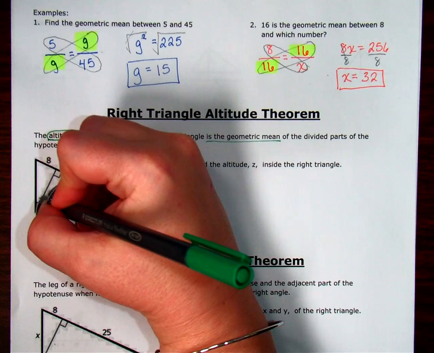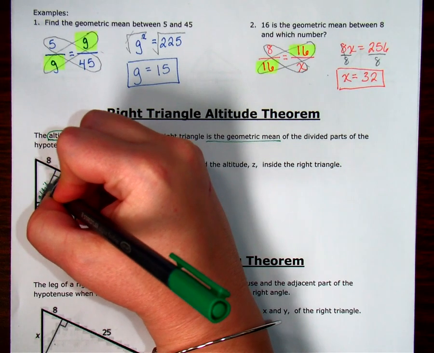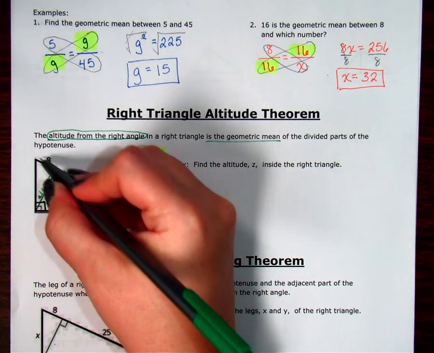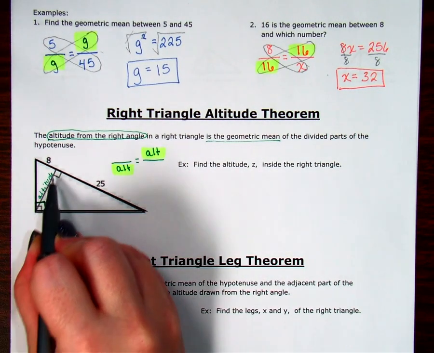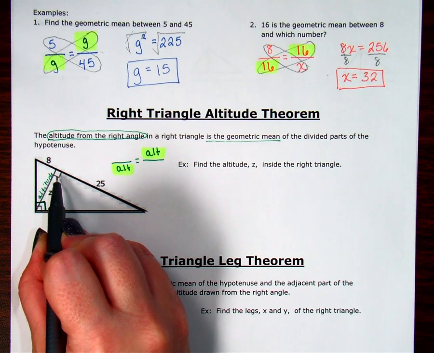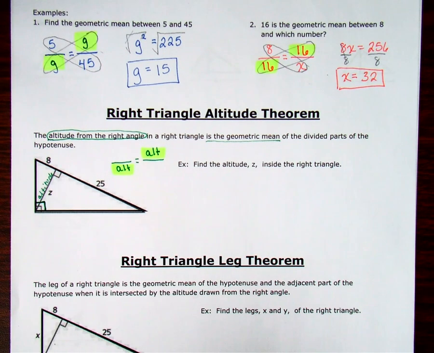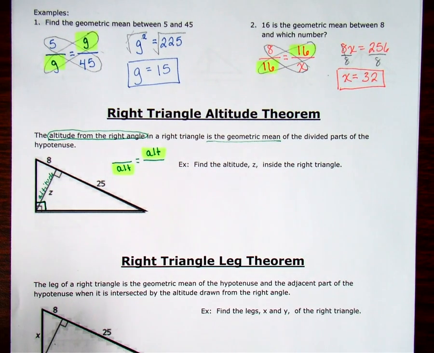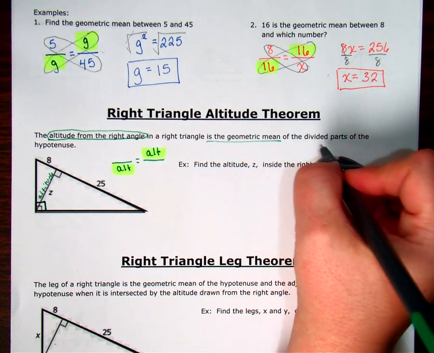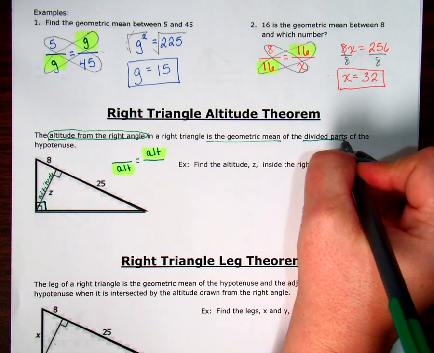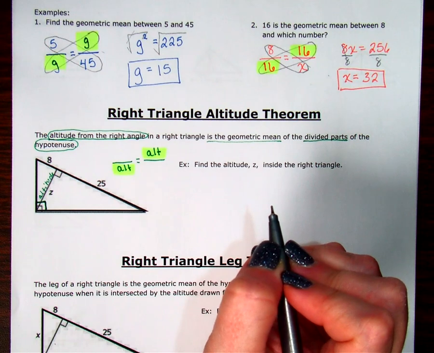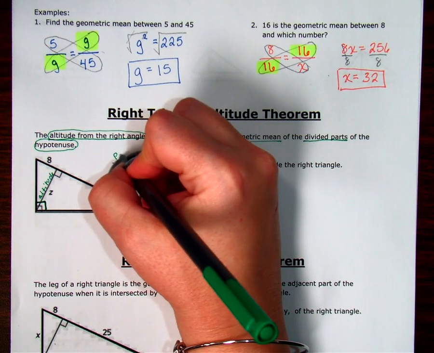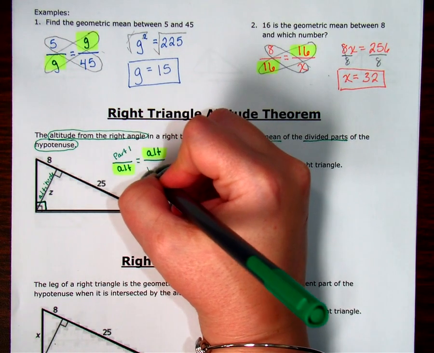Your altitude hits a side at a 90-degree angle. So we're leaving the right angle, hitting the opposite side at another 90-degree angle. So this altitude here is my geometric mean. And what are the other two numbers? It's the geometric mean of the divided parts of the hypotenuse, so it's going to be like a part 1 and a part 2.